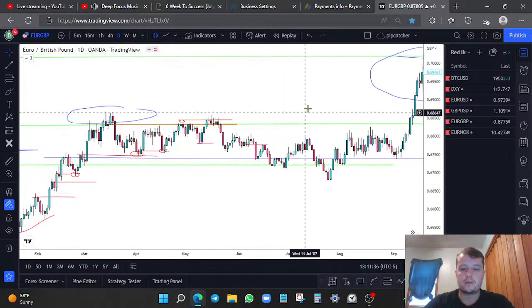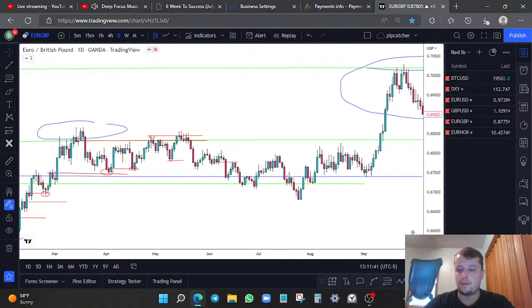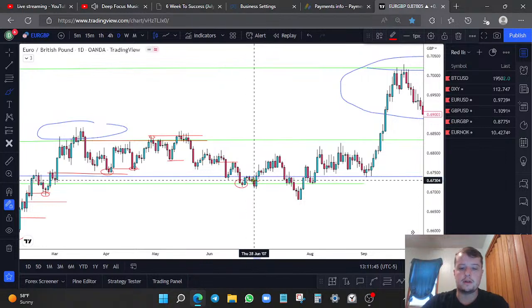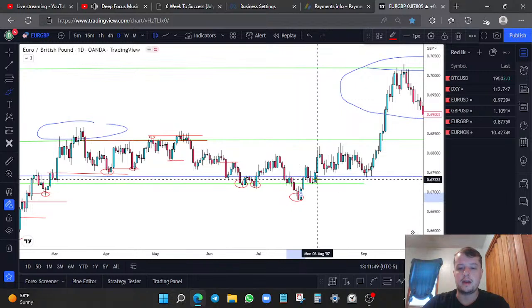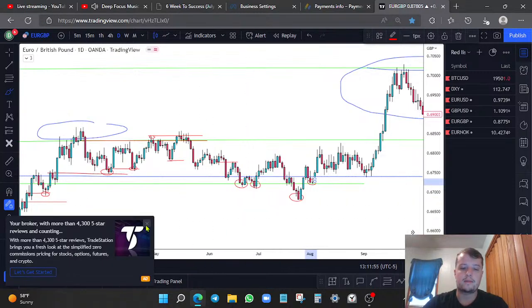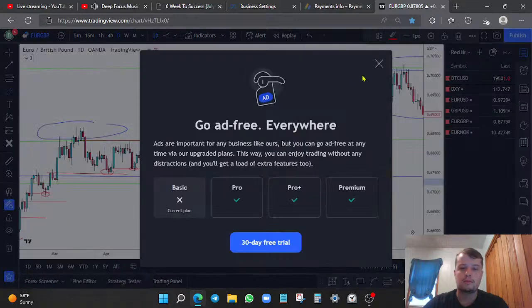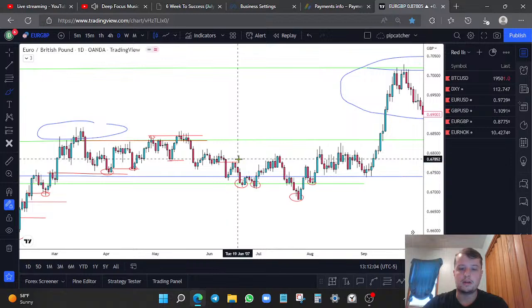So where do you guys see, from tests of this monthly area, where do you guys see broken structure? Did this high break this structure?